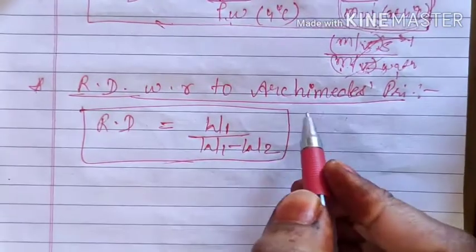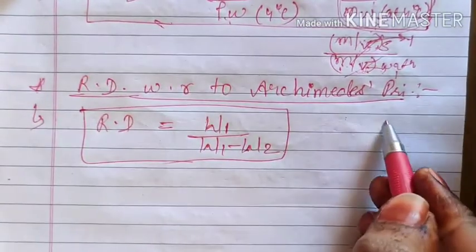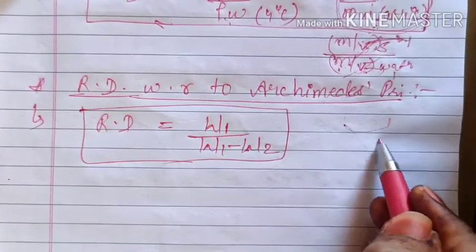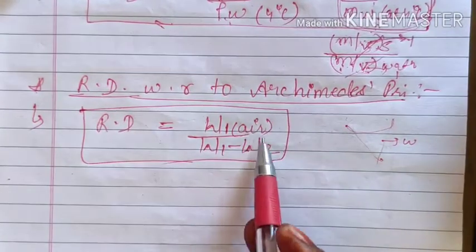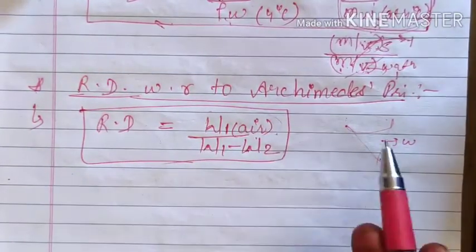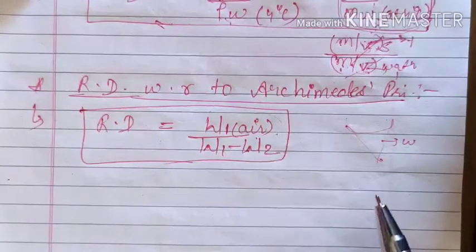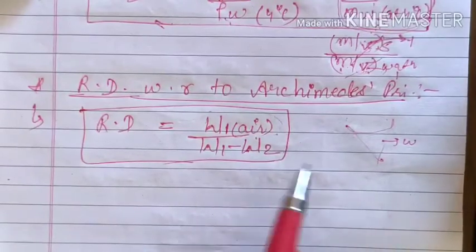You know that when you measure the weight of a body in air or vacuum, it will have a particular weight, and that weight is this one. That means a body will have some weight in air, that is its original weight, slightly less than that, because originally we consider it in vacuum, but still it's okay.